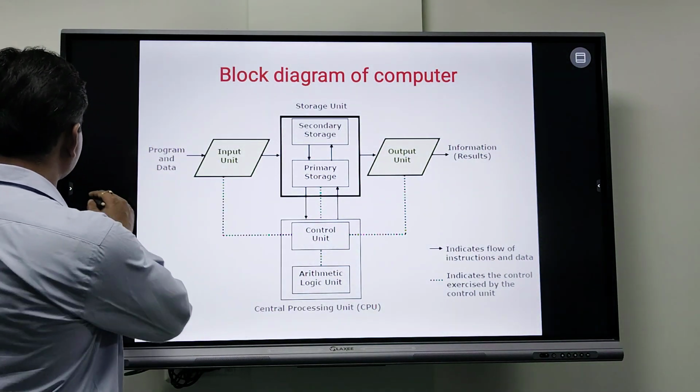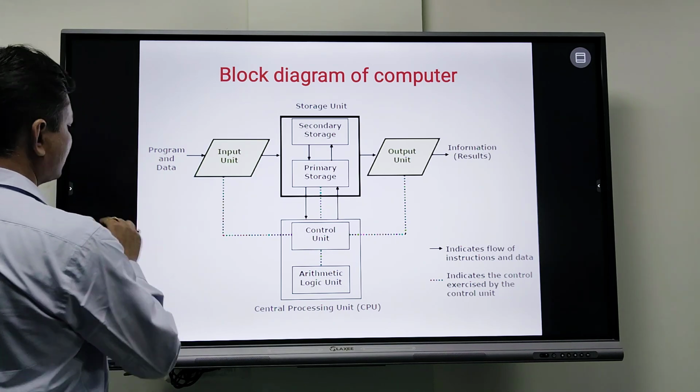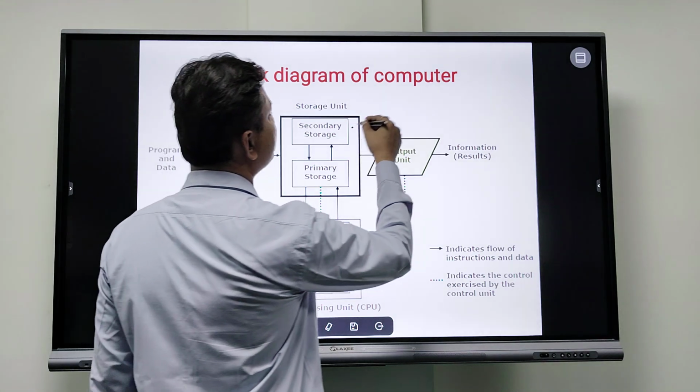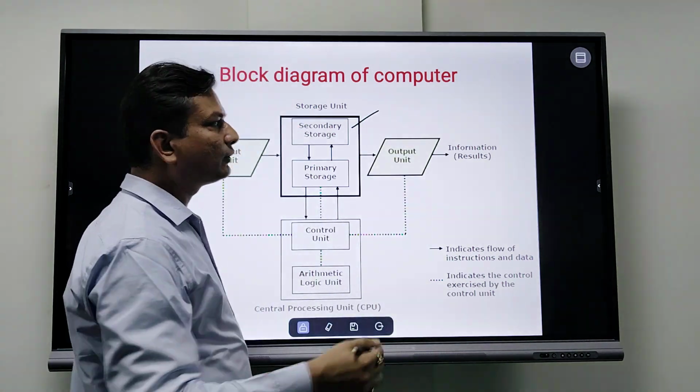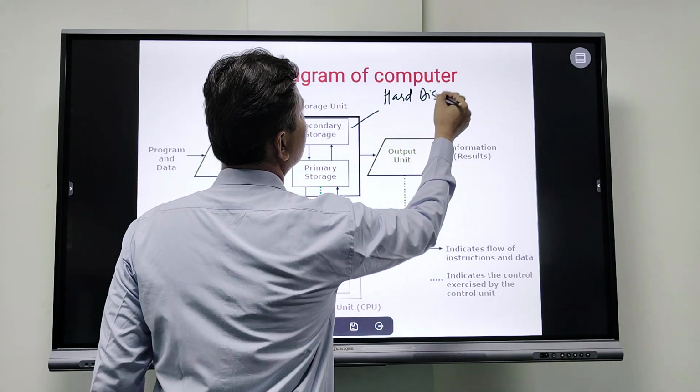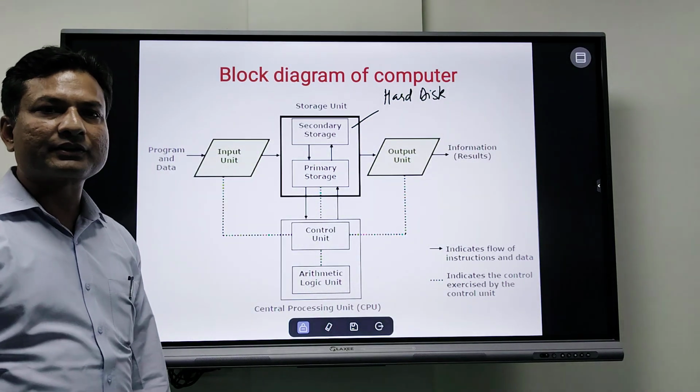So there are many examples of secondary storage. As we know, hard disk is an example of secondary storage.